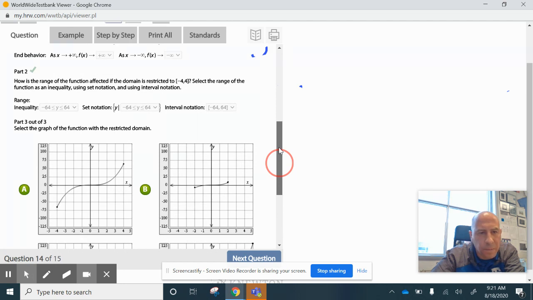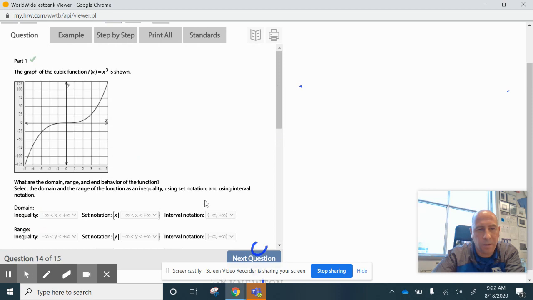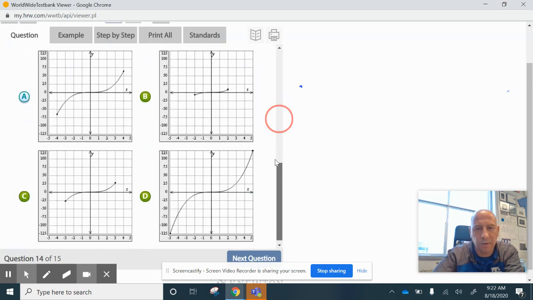Yep. So looking at A, between -4 and 4 for the domain, and range just looks like about -64, and that looks like a -64. So the answer is A. Check. Check. Those are all correct.